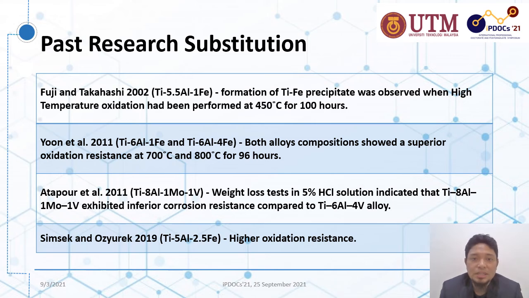Another paper is Simsack and Oziurek in 2019 with a composition of 5 weight percentage aluminium and 2.5 weight percentage iron. It shows that it has a higher corrosion resistance.